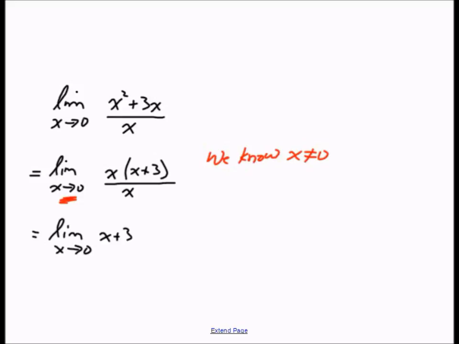This function, x plus 3, will get closer and closer to 3. As x approaches 0 from the positive side, so we're looking at 2, 1, 0.5, 0.4, 0.3, all the way down to 0.01, 0.001, 0.000001, and so on, then this function equals 3. So the limit as x approaches 0 of x squared plus 3x all over x actually equals 3.